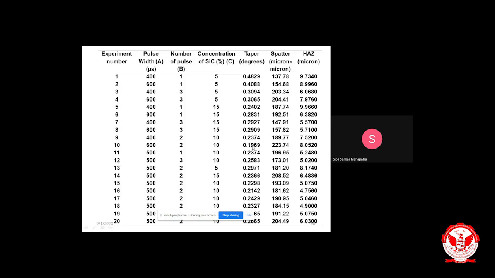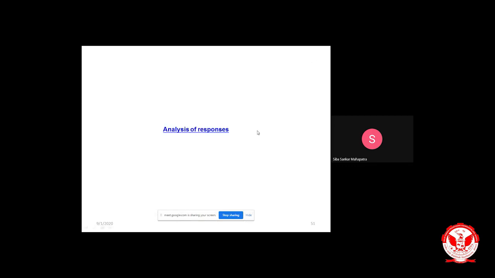Then we found out the responses: taper of the hole, then spatter. When the laser light falls on the material, at the beginning there will be spatter, or the metal flows out. So the spatter area we have measured, then the heat affected zone. So these are the 3 responses we have estimated.